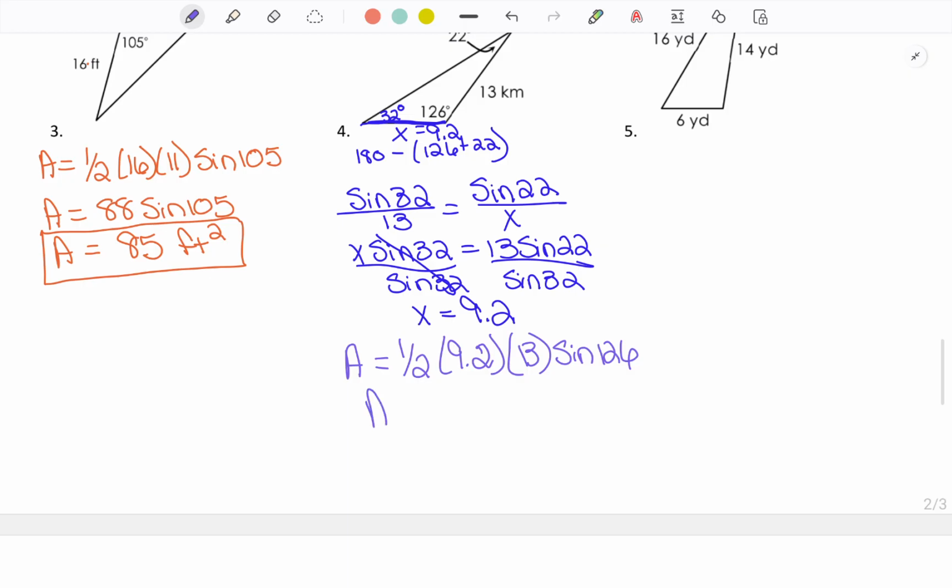And we just need to put that in our calculator to get our area. So let's see, if we simplify a little bit beforehand, you get like 59.8 times the sine of 126. And that gives us 48.4 kilometers squared.